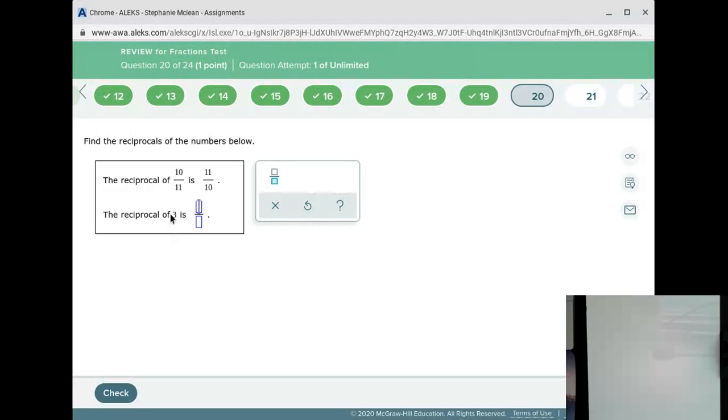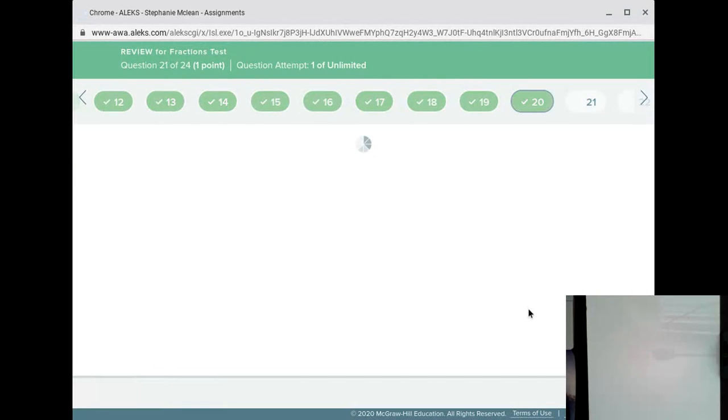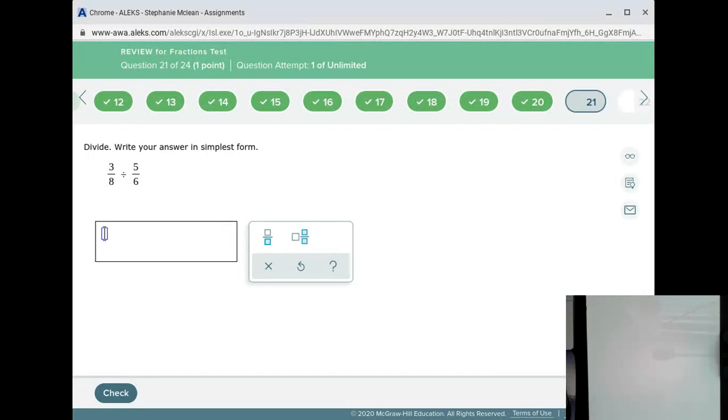So 3 is going to go to the bottom, and I'm going to have a 1 on top. So the reciprocal of 3 is 1/3. If I have 4, the reciprocal of 4 is 1/4. You're just flipping it. Whole numbers become fractions.